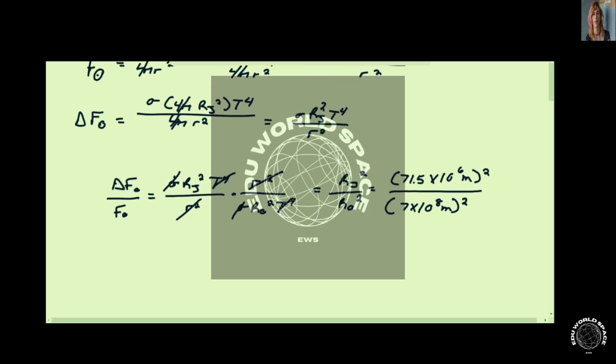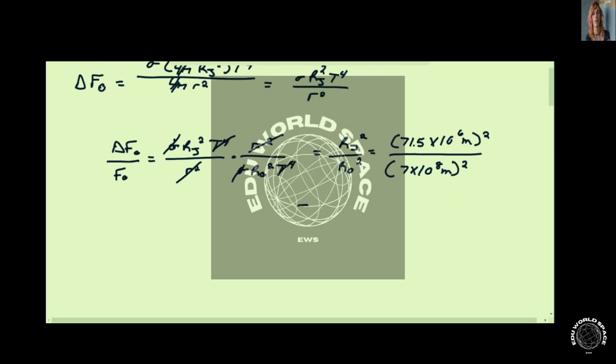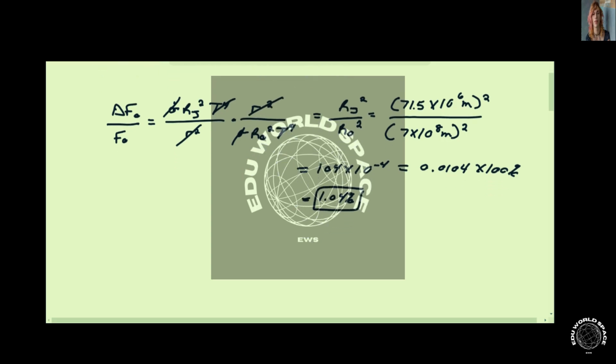You put that into your calculator, and we get 104 times 10 to the negative 4th, or 0.0104. And if you multiply that by 100%, it's 1.04%.